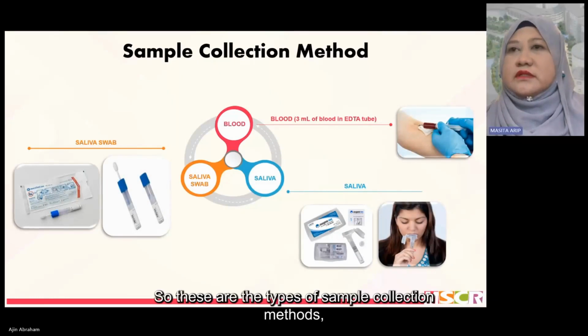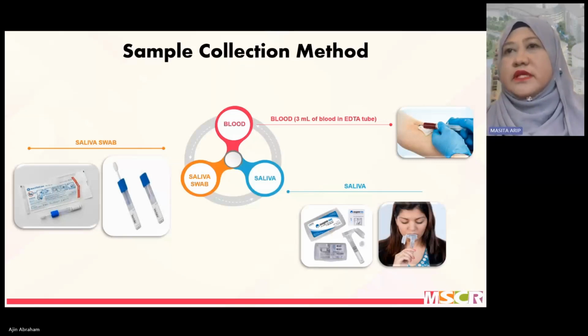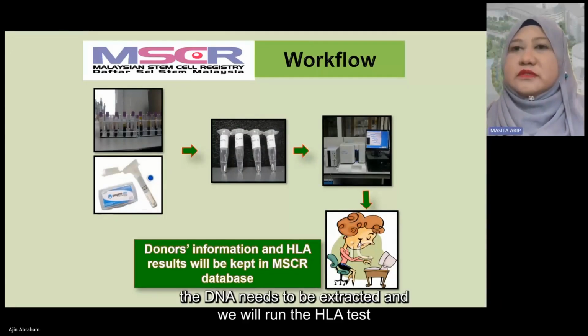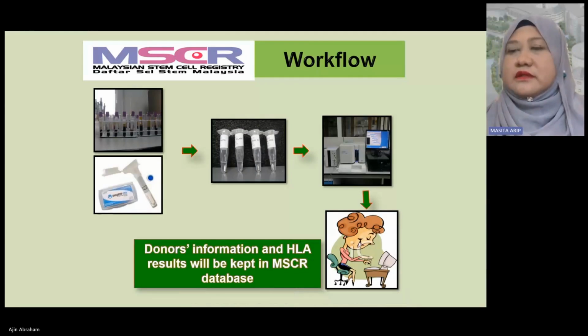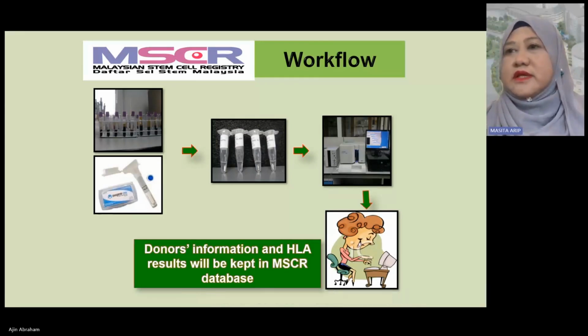So these are the types of sample collection methods: blood, saliva, or saliva swab. After we take the samples, the DNA needs to be extracted, and we will run the HLA test, and all this information will be kept in the MSCR database.